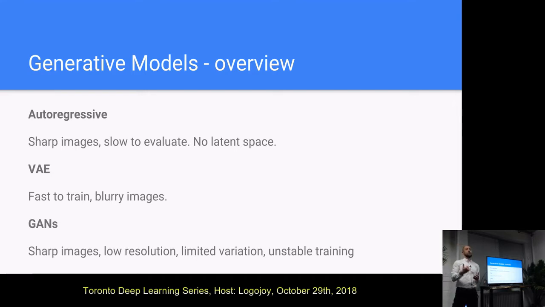And GANs are cool because they give us sharper images than all the other ones. The downsides are typically they're low resolution. Most of the papers report results on 64 by 64 images, maybe 128 by 128. And there's this open question of how much variation the GANs are actually capturing.